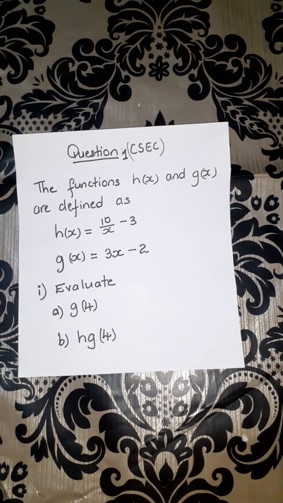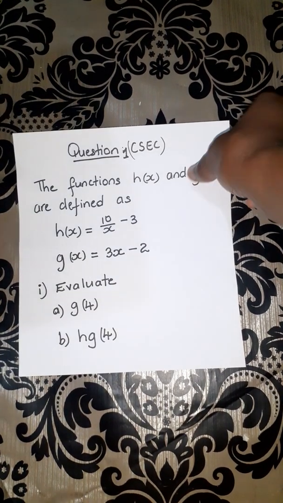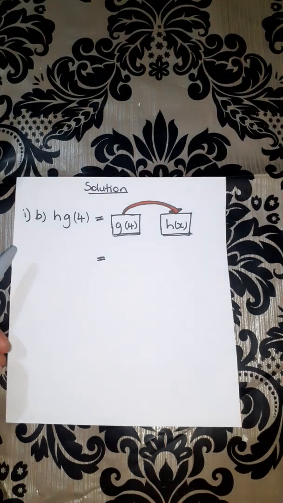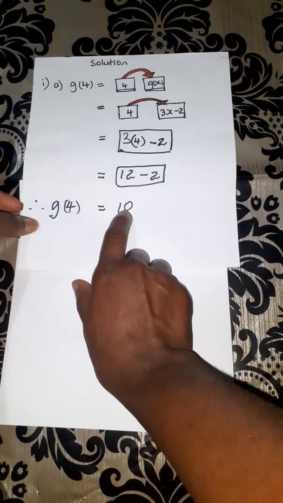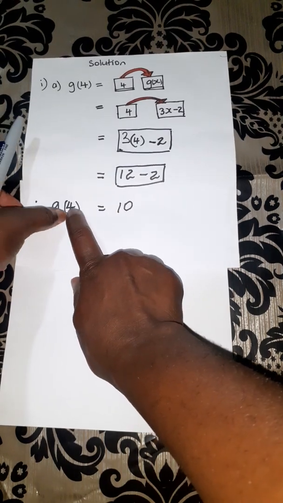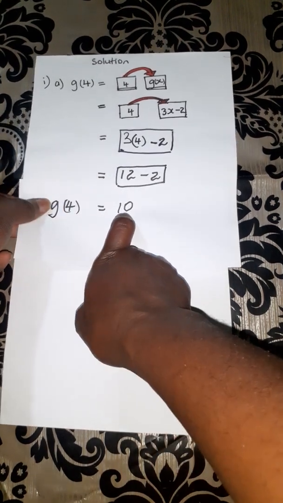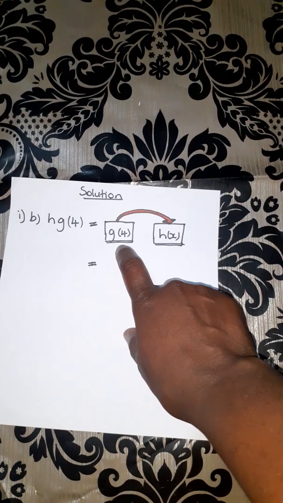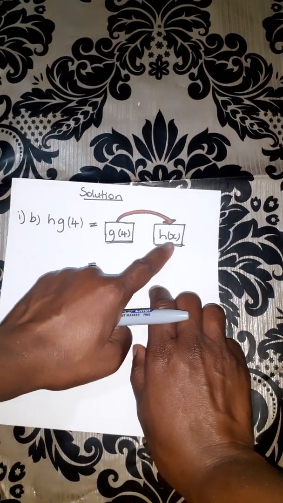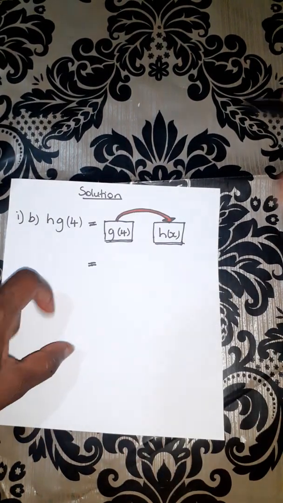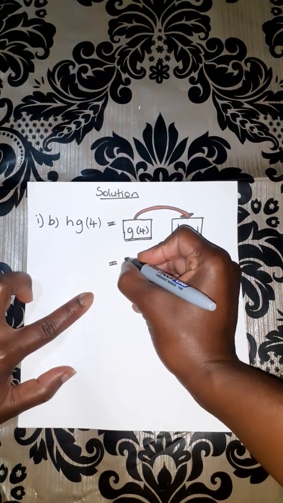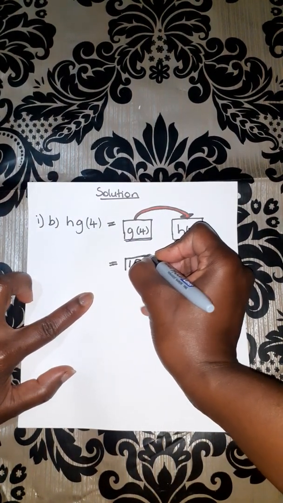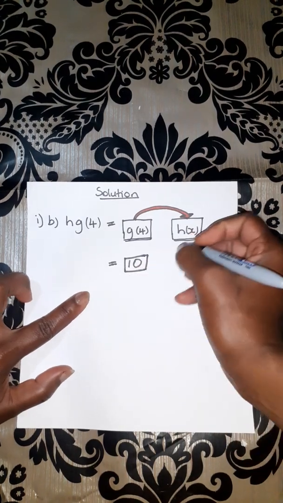So to make life easier, we can take this 10, which is the g of 4, and place it into the h function. This is what CSEC does sometimes to make students' lives easier.